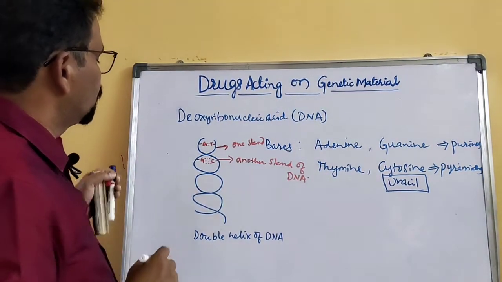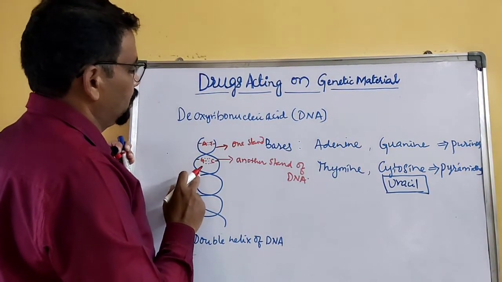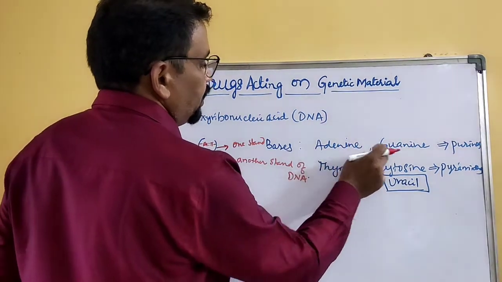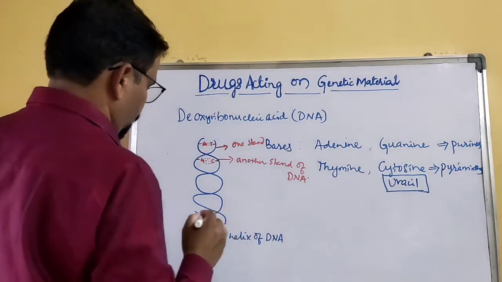These chains are composed of the bases adenine, guanine, thymine and cytosine.